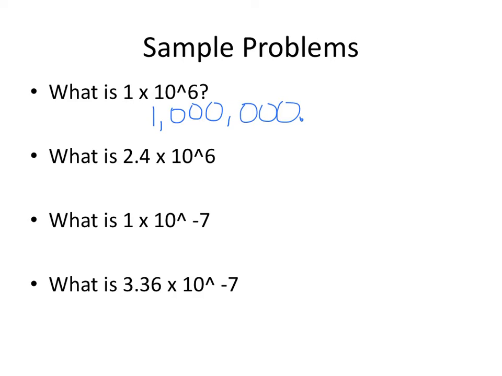Now 2.4 times 10 to the 6th. Again, the 2 needs 6 fillers between itself and the decimal point. First filler is going to be the 4, and then we've got 1, 2, 3, 4, 5 zeros. I drew my decimal point a little far away.